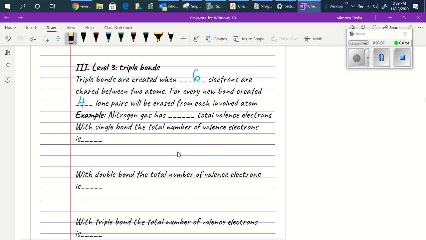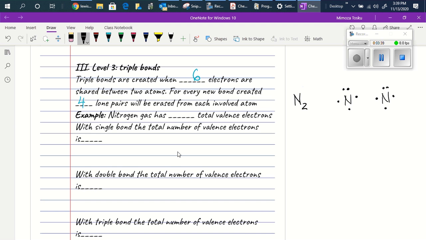The formula for nitrogen gas is N2. That means that we are dealing with 2 atoms of nitrogen. Each of those atoms has 5 electrons in the outer shell. So the Lewis dot diagram for nitrogen will look like this, and the other one will be the same thing.